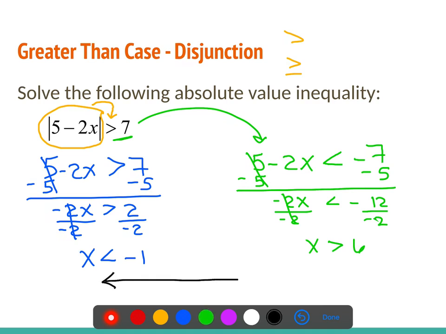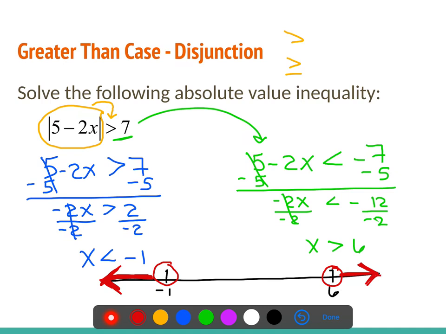So what does this look like on a number line? You've got -1, and over here you've got +6. At -1, it's an open circle, and it's everything smaller than -1. So you shade the smaller. Over here, you get an open circle for 6, and it's everything bigger than 6.